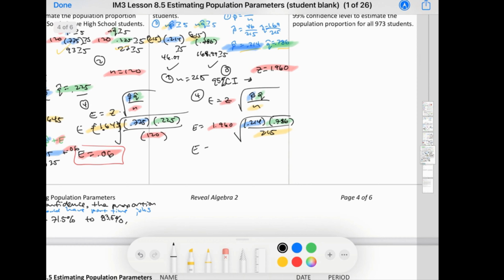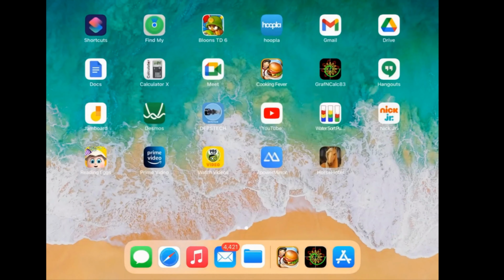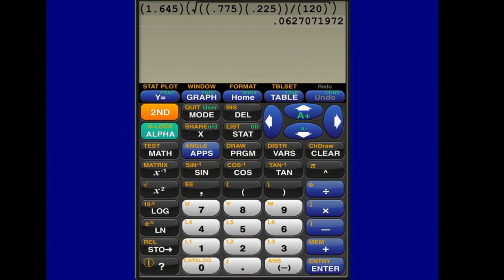Let's put that into my calculator. I'm taking a picture of my math work. Alright. Boom, boom. Oh, look at that. Second enter. Save myself some work, kind of.